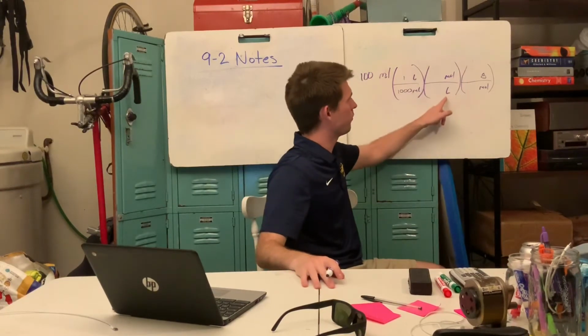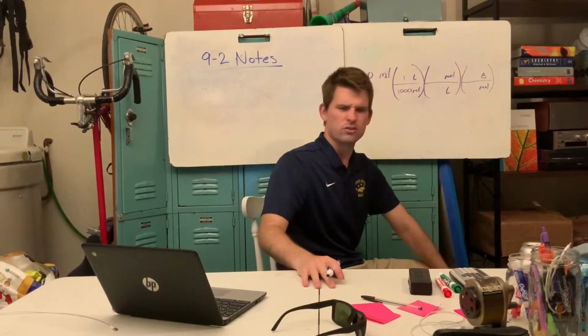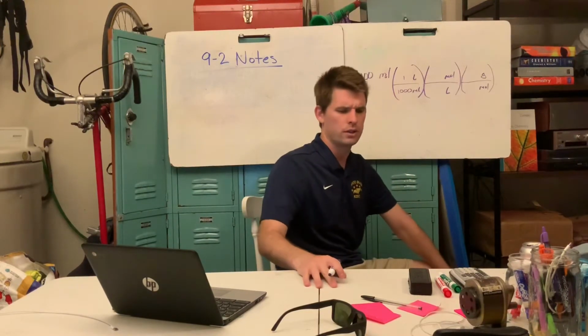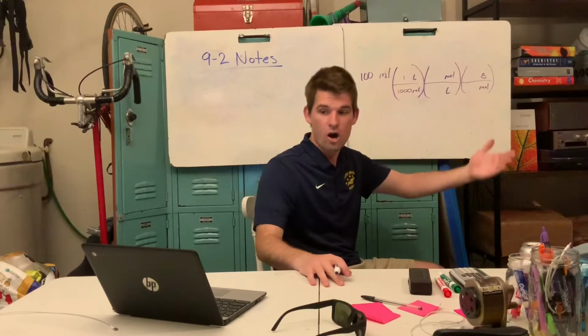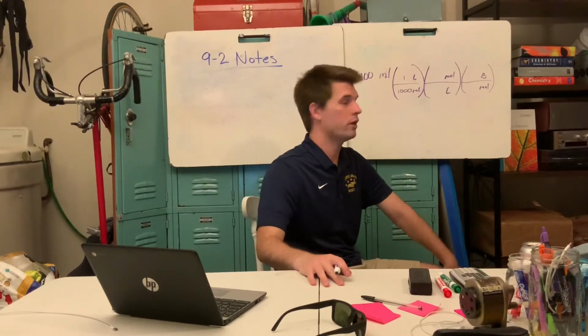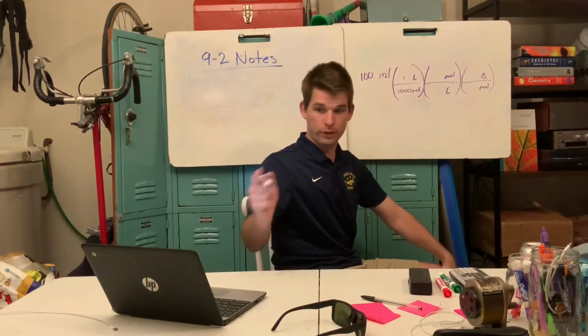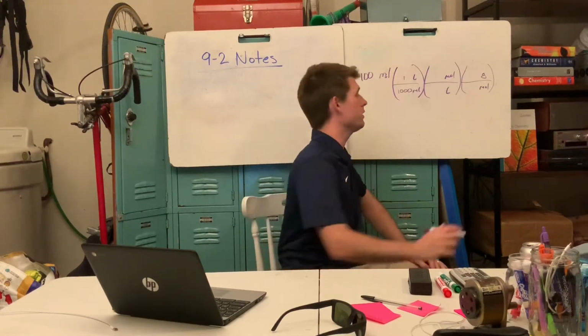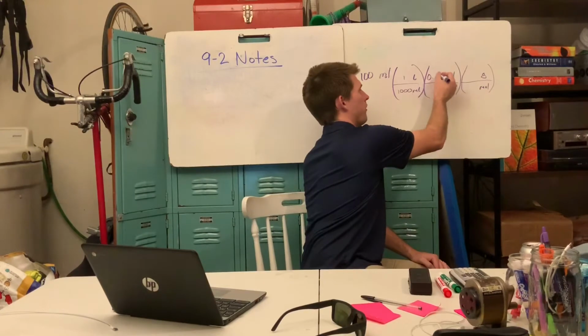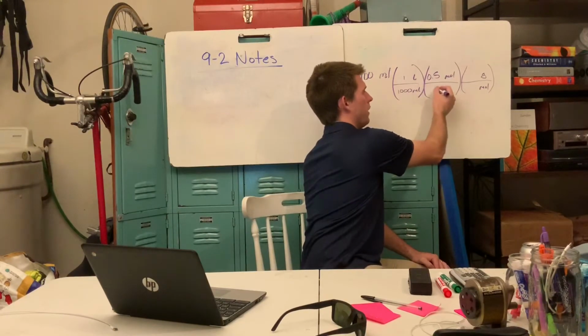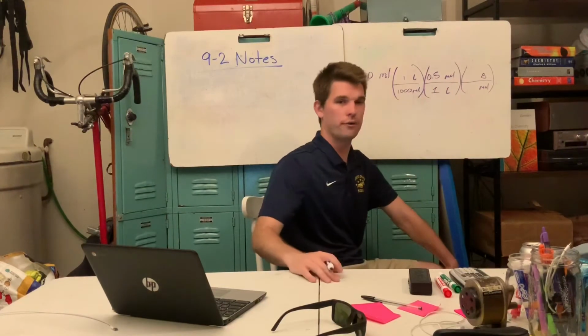Then we need to convert from liters to moles. Do we have a numerical relationship between moles and liters? Oh yeah, it's molarity. We know that molarity is moles per liter. And we know this solution is 0.5 molar, which means it's 0.5 moles to 1 liter of solution.